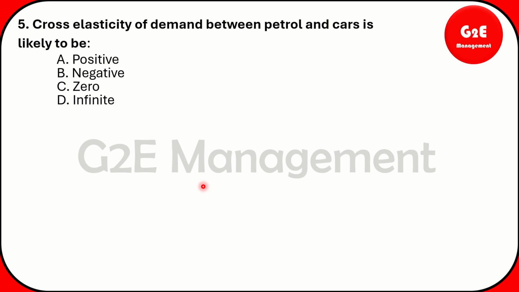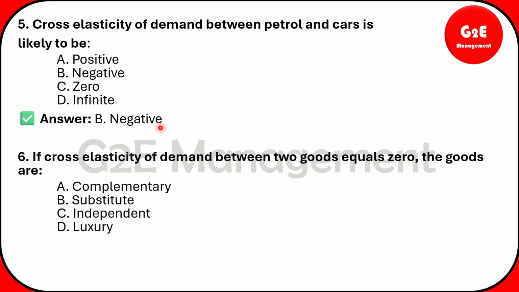And question number 5, cross elasticity of demand between petrol and car is likely to be. Just now we looked at it, right? Petrol and car will be a negative relationship. It is negative. And question number 6, if cross elasticity of demand between two goods is equal to 0, the goods are independent goods.